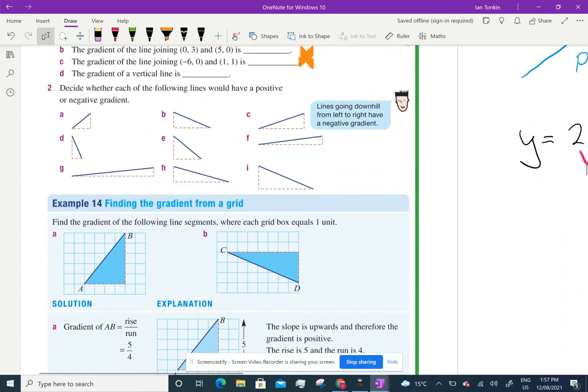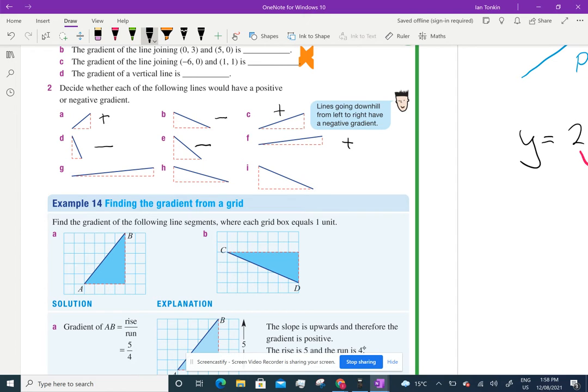Okay. Now, all I want you to do with these is just decide whether they're positive or negative. And remember, we're looking at them left to right. So this one's going up, so that's positive. This one's going down, that's negative. This one's going up, that's positive. Down, negative. Down again, negative. Well, it's not going up by much, it's still a positive gradient.